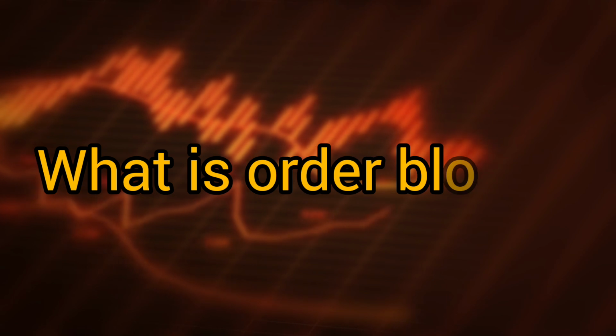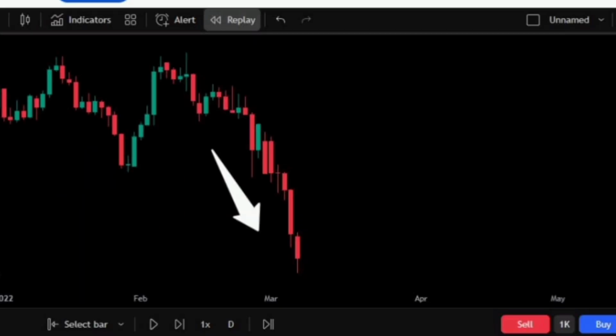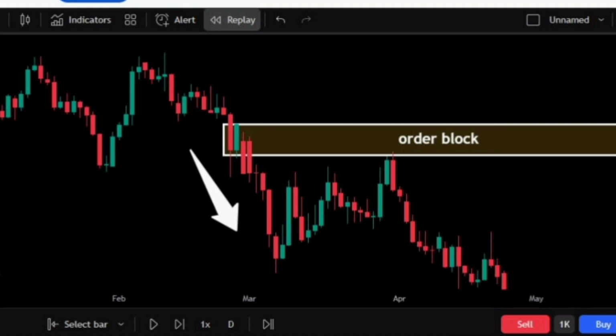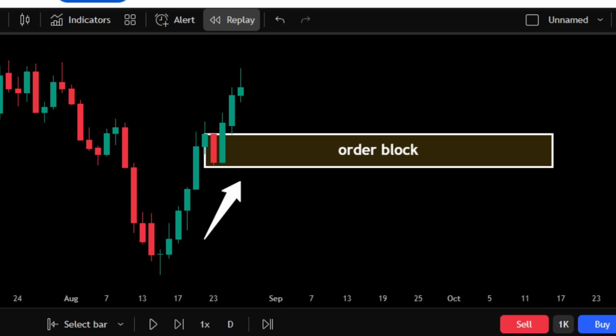What is an order block? An order block is the last strong bullish or bearish candle before a major market move happens. Simply put, in an uptrend, it's the last bearish candle before a strong bullish impulse.